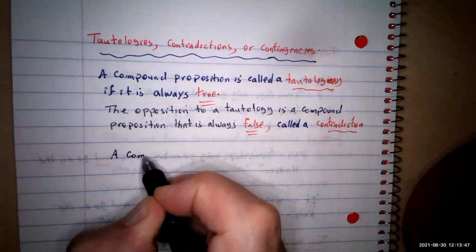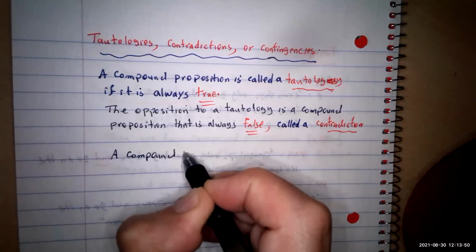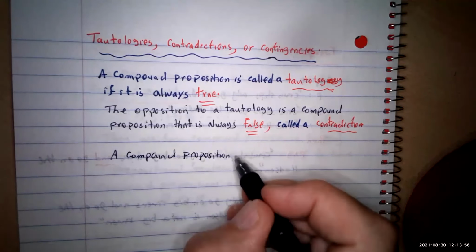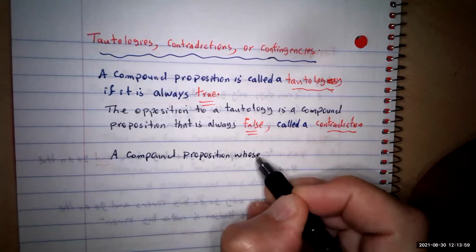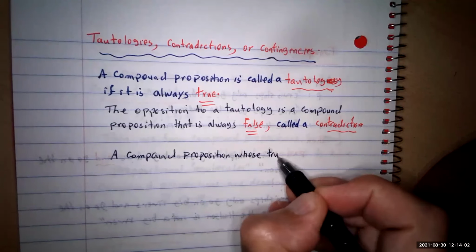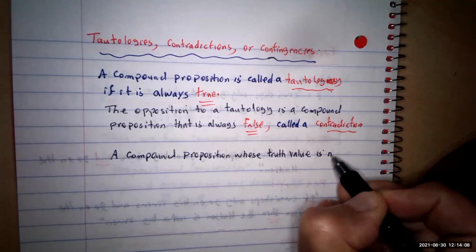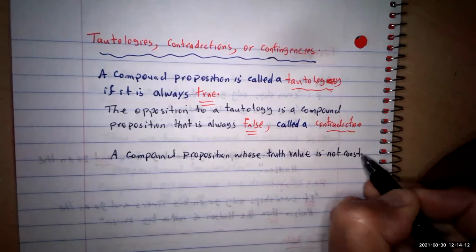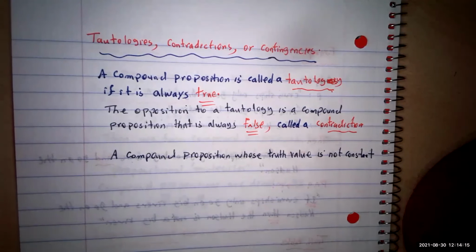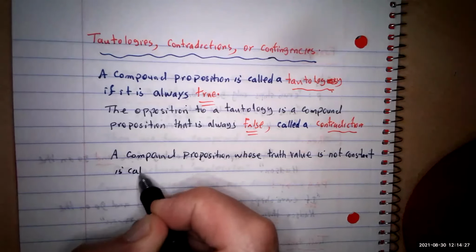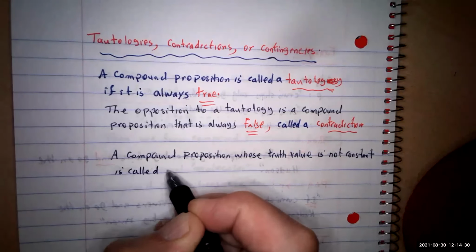A compound proposition whose truth value is not constant, meaning it's not always true or not always false, but sometimes true, sometimes false, is going to be called a contingency.